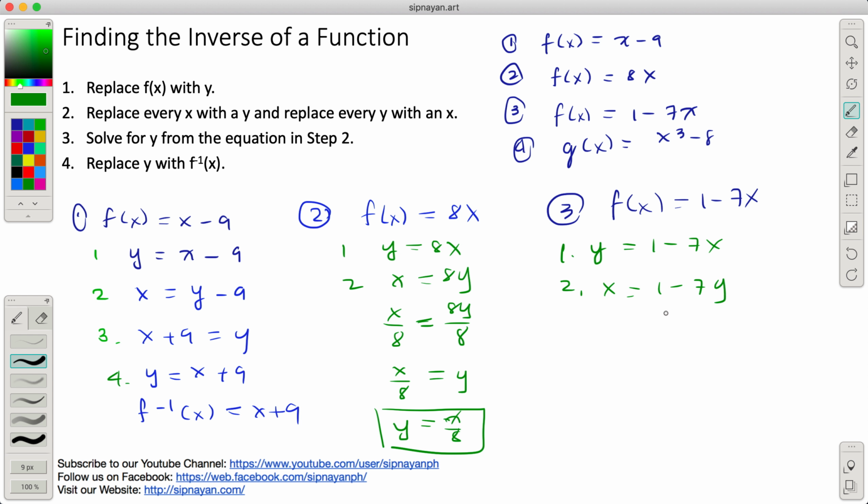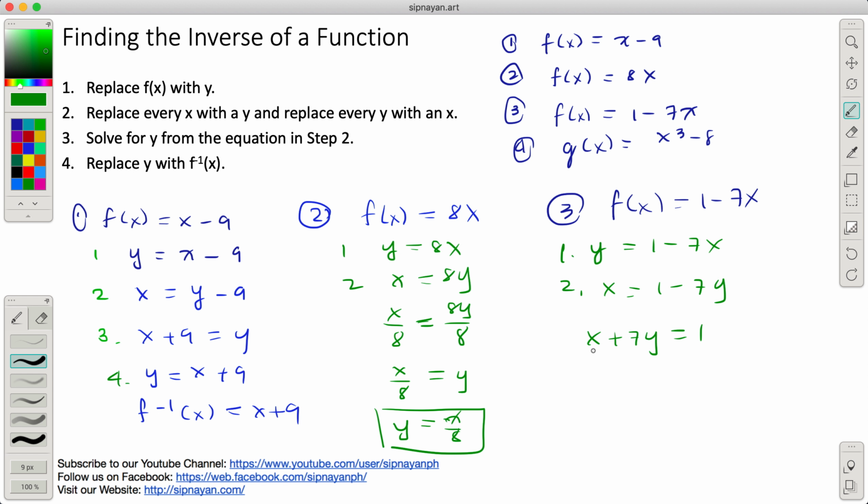So, magpa-plus ako ng 7y para mawala to. So, x plus 7y equals 1. Kasi, pag nag-plus 7y ako, nakakancel. But if I add 7y here, I also have to add 7y on the left-hand side. And then, gusto ko ng y, di ba? So, y ang matitira sa kaliwa. Tanggalin ko itong x by subtracting x from both sides.